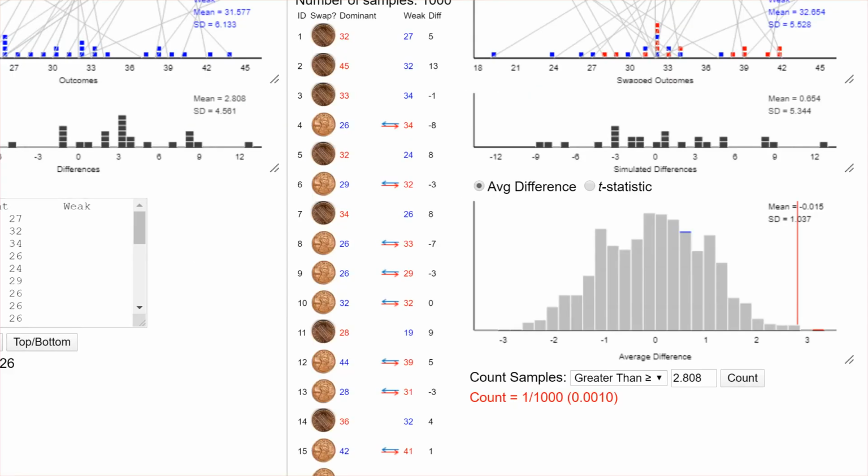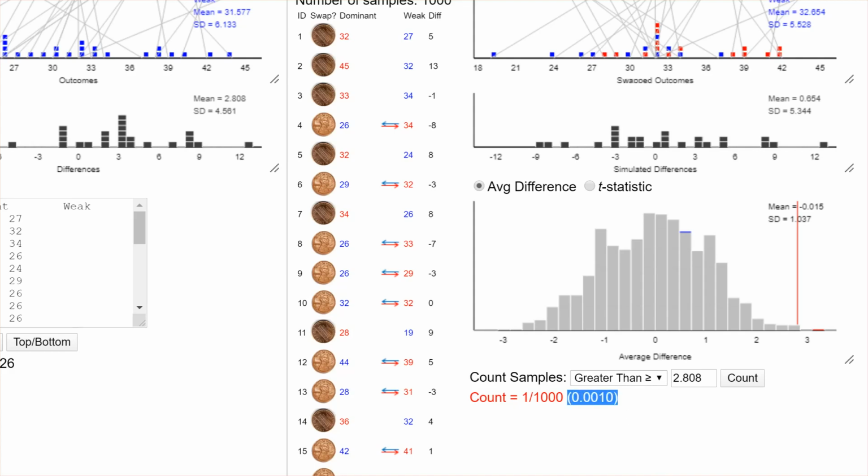So, if we were to make a conclusion, would we reject the null hypothesis, knowing what our p-value is? Or would we fail to reject our null hypothesis?